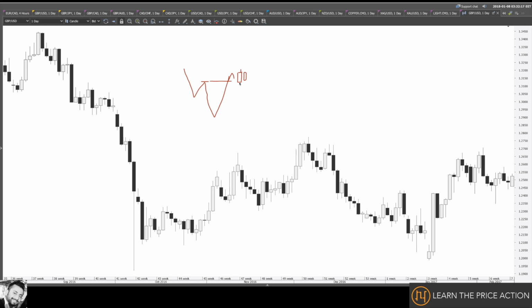An inside bar is simply a bar which has a baby bar, which is this bar, inside a mother bar.